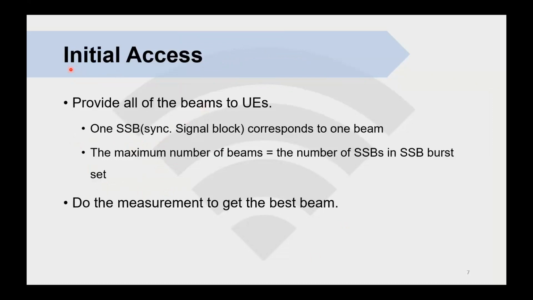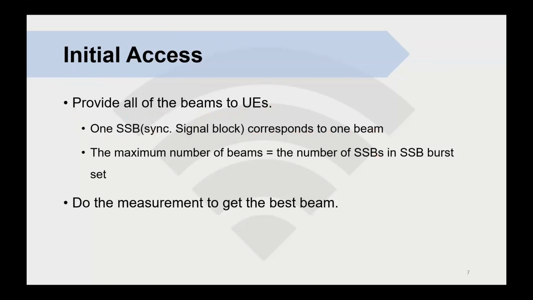In terms of initial access, the main concept is to provide all of the beams to the UEs to let the UE do the selection. Something we need to remember is that one SSB, which means synchronization signal block, corresponds to one beam.